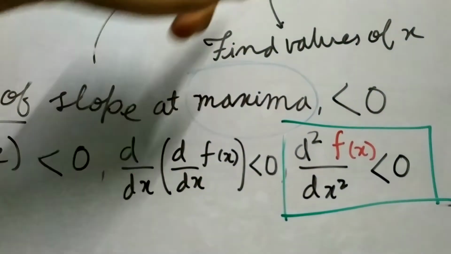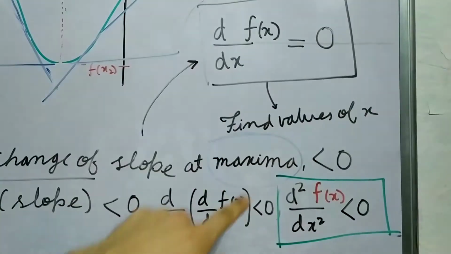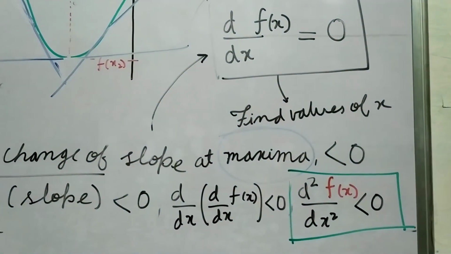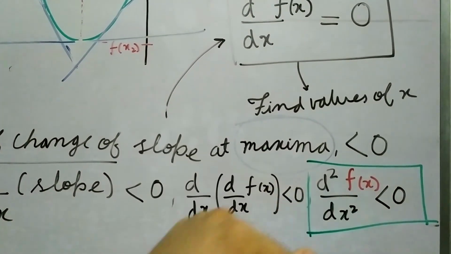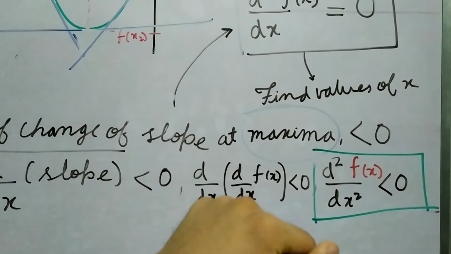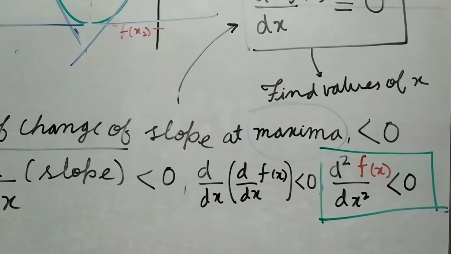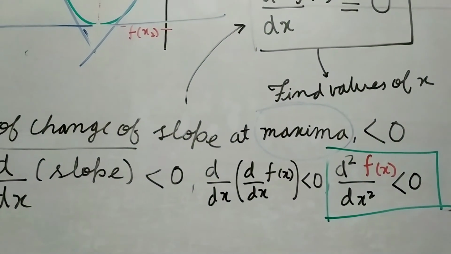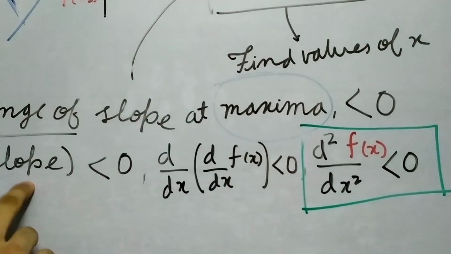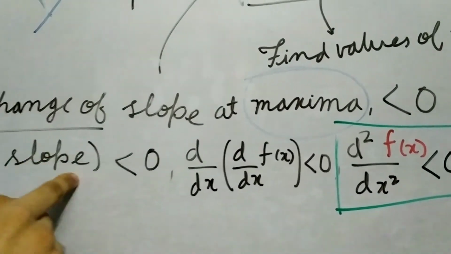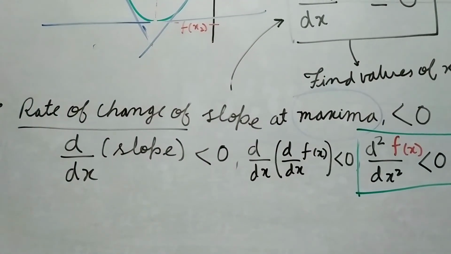So first check if this is 0, then differentiate it again, and it should be lesser than 0 to get a maxima. And I have written f of x in red and the rest in black because I wanted to think of derivative as an operator, not as a function, not as a fraction. Your derivative operates on f to give you slope, and then this derivative acts on slope to give you d square f by dx square. It's also written in this form.